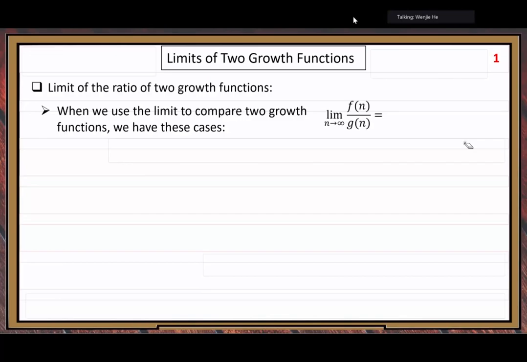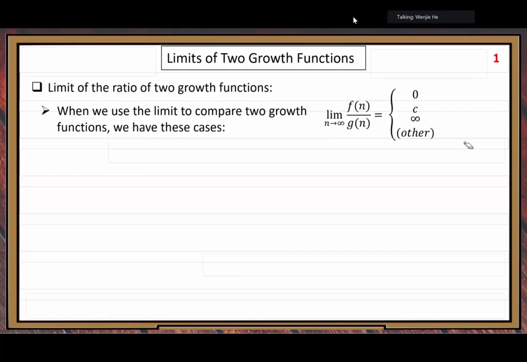So when we do that, how many cases do we have when we look at the limit of this ratio? 1, 2, 3, 4. Okay. These 4 cases.